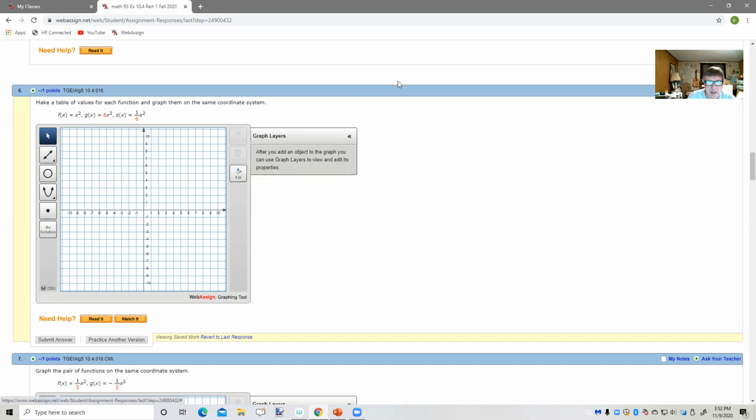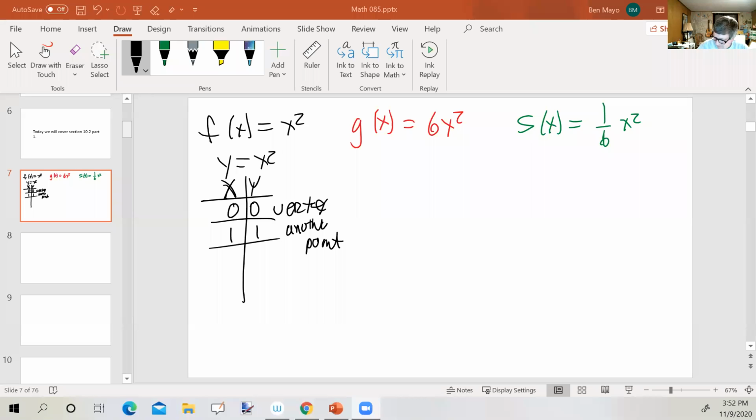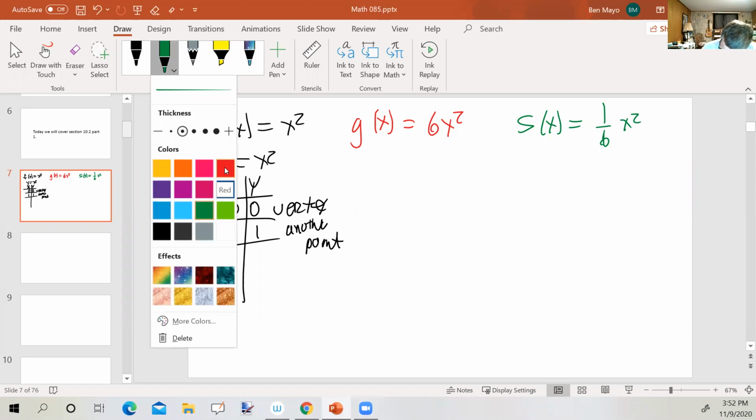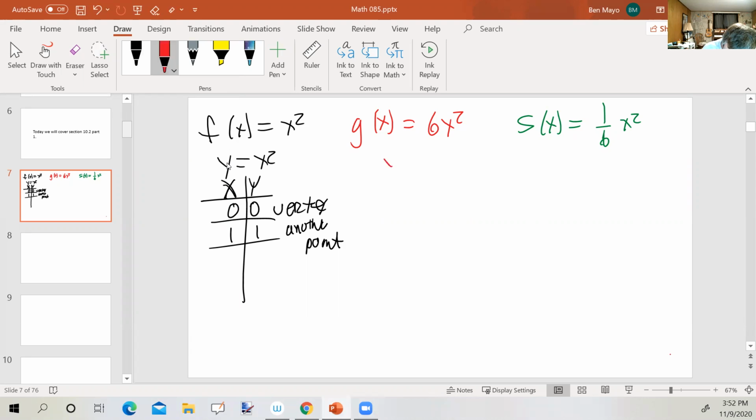Okay, so going back here, I've got 0, 0, and 1, 1, and there's my graph. Okay, now let's go back to this screen. Red, let's see here. This is like y equals 6x squared. Well, the vertex is still at 0, 0. What about when x is 1? What's g of 1?